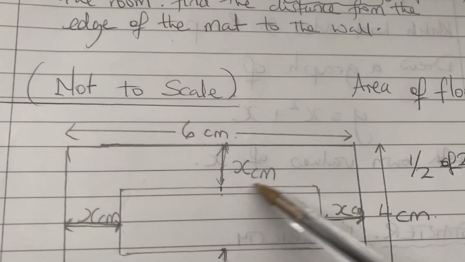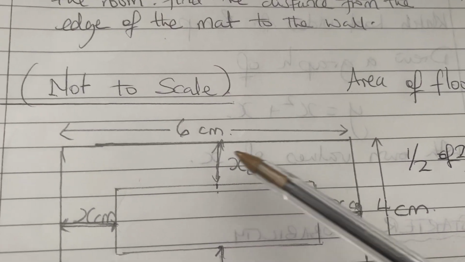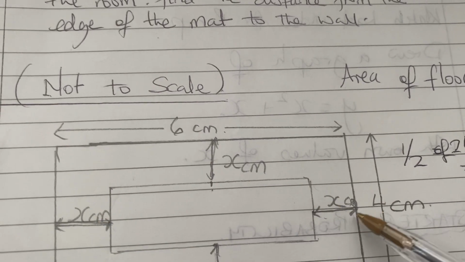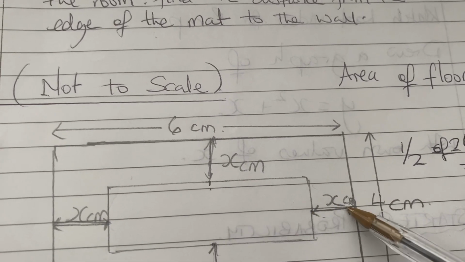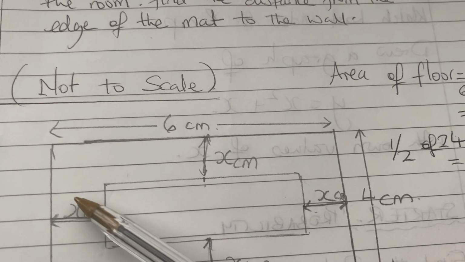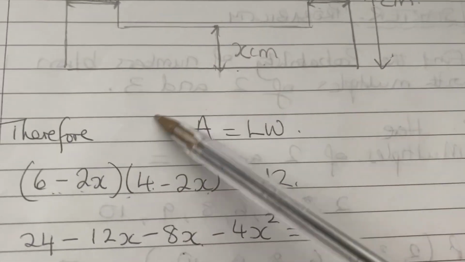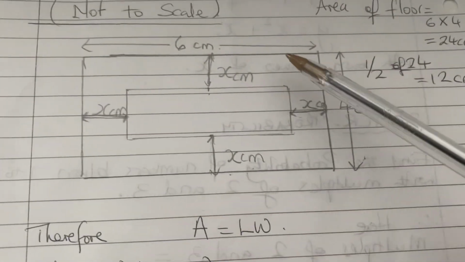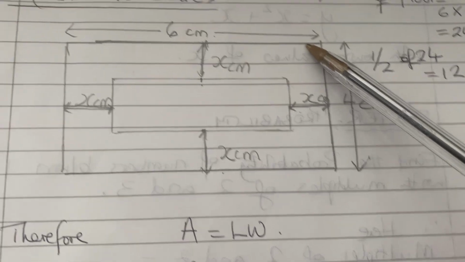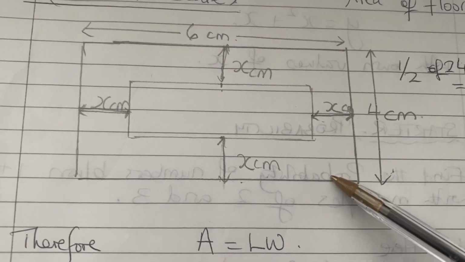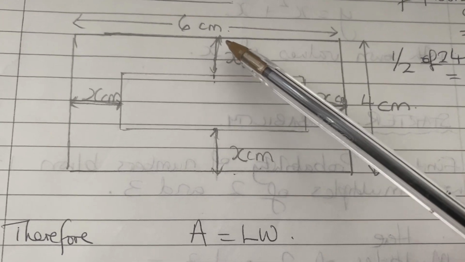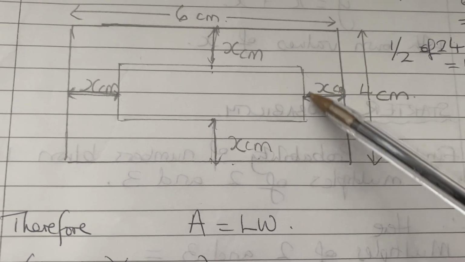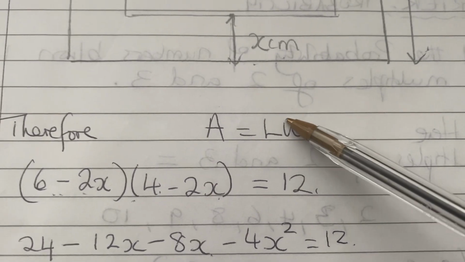So look at it, the length, okay? So 6 here, this is x and x, so minus 2x for the length of the mat, that one here. And then 4, look at the diagram again, 4 minus x and x, which would be the width, or the breadth.